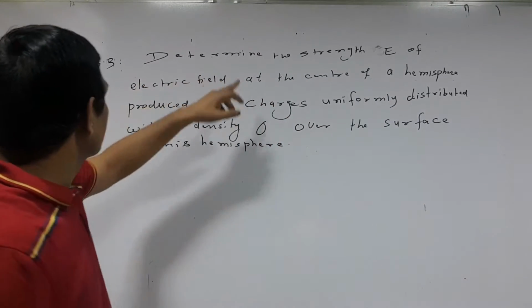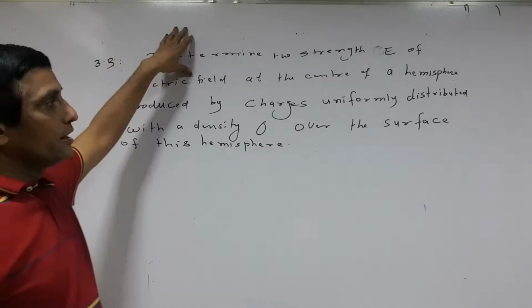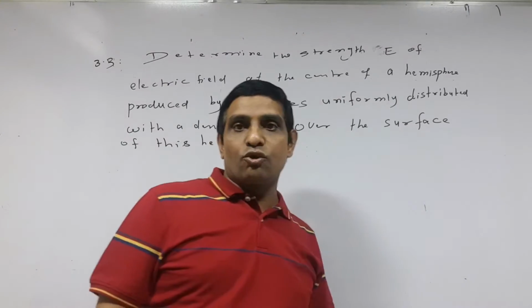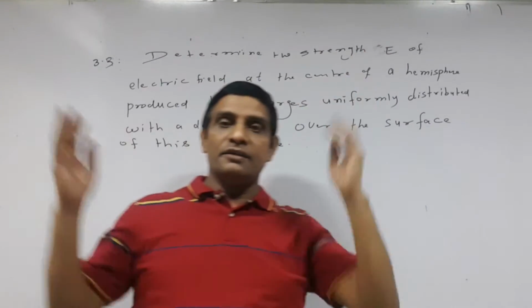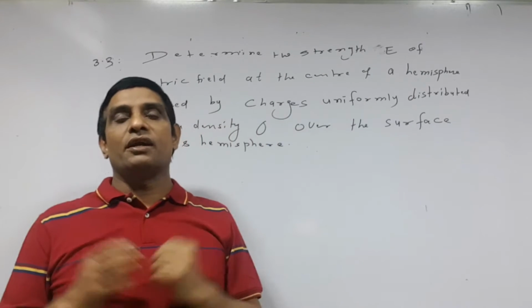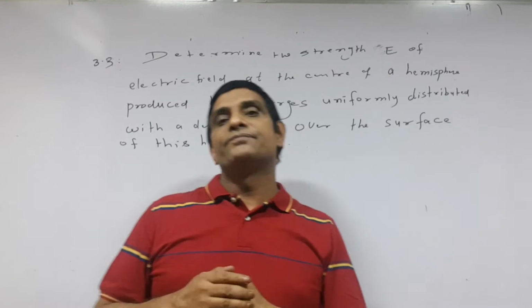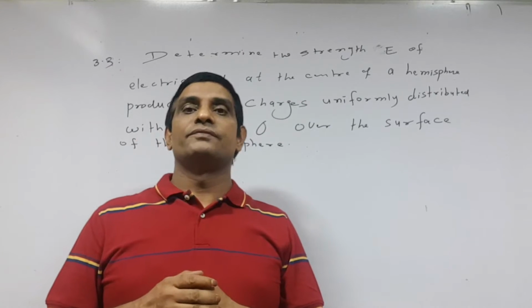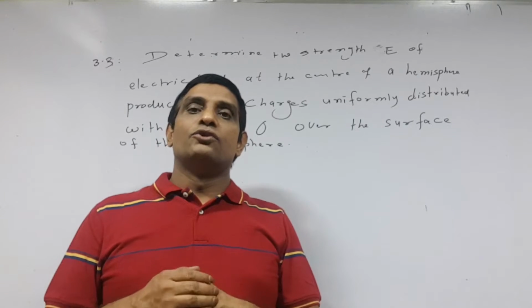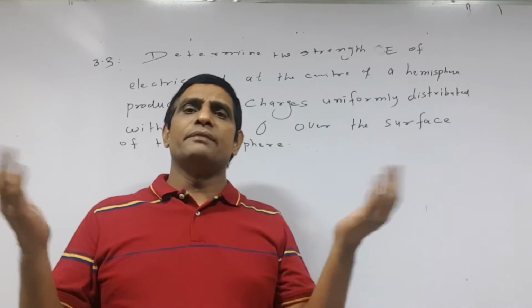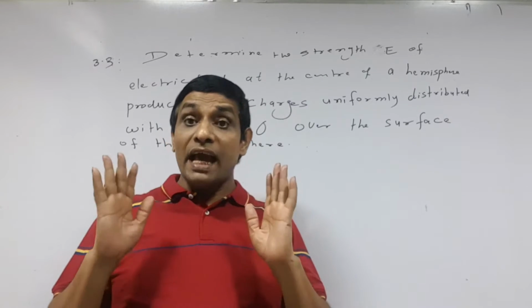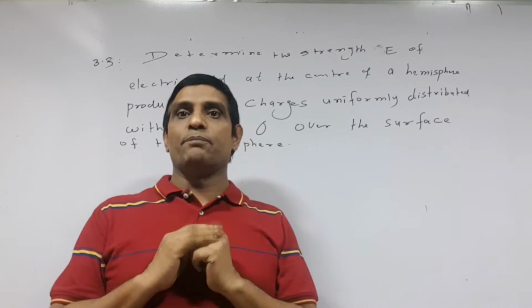Today I will discuss question number 3.3 of S.S. Grotto, which is a world-famous book for preparation of IIT JEE, Olympiads and other competitive examinations. Firstly, I will discuss the concept of the problem.